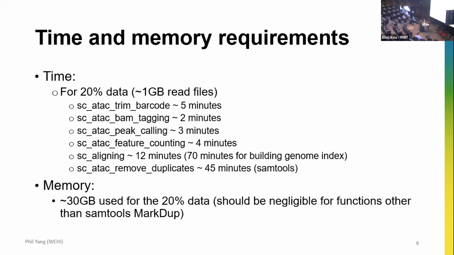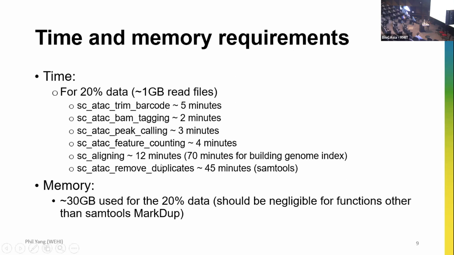And just quickly show you the time and memory requirements that we have. So basically, in the worst case scenario, this would take up to 2 hours for the 20% data. And I forgot to mention that I will be showing information about the 20% data set in the interest of time.